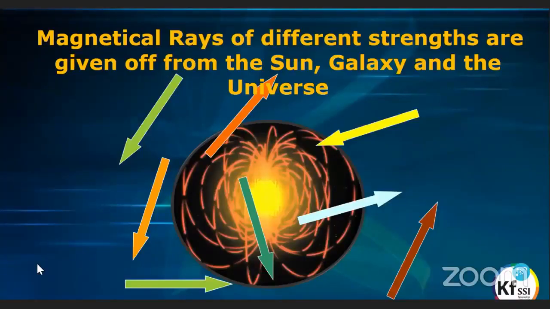So we also have to say that magnetic rays of different strengths are given off from the sun, the galaxy, and the universe. There is no one which has identical strength. So we have billions and billions of rays of all different strengths given off from the sun and the central galaxy and the universe.